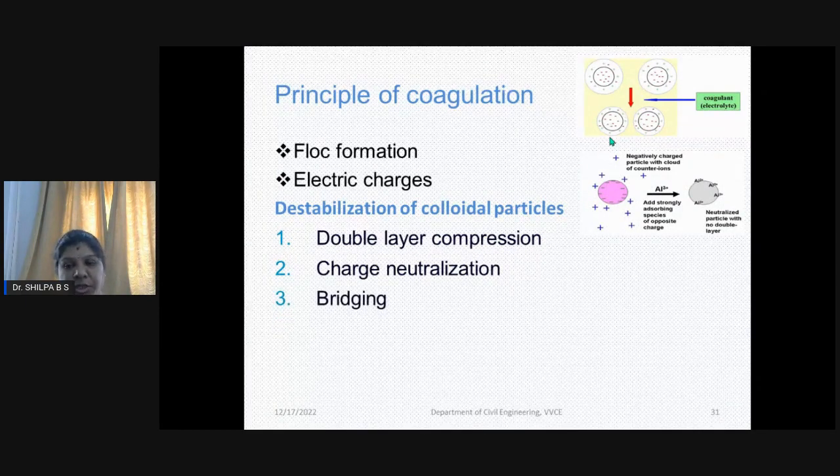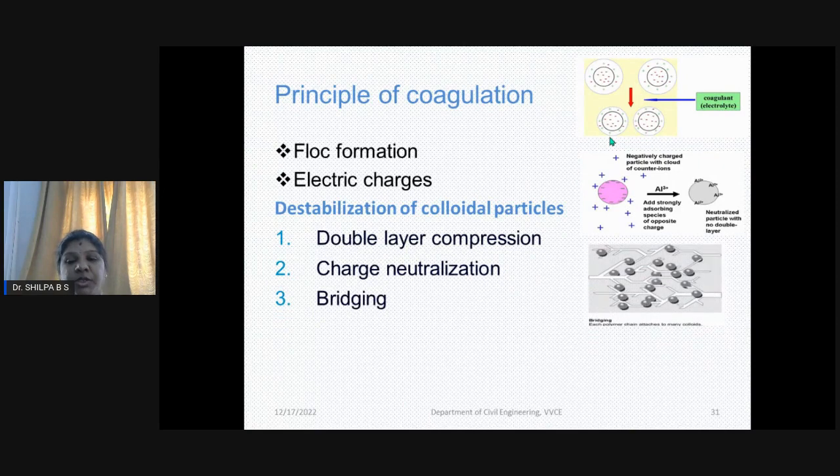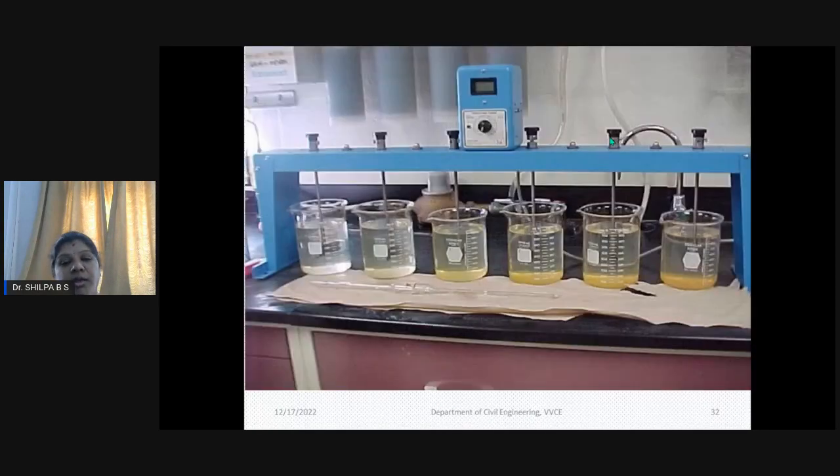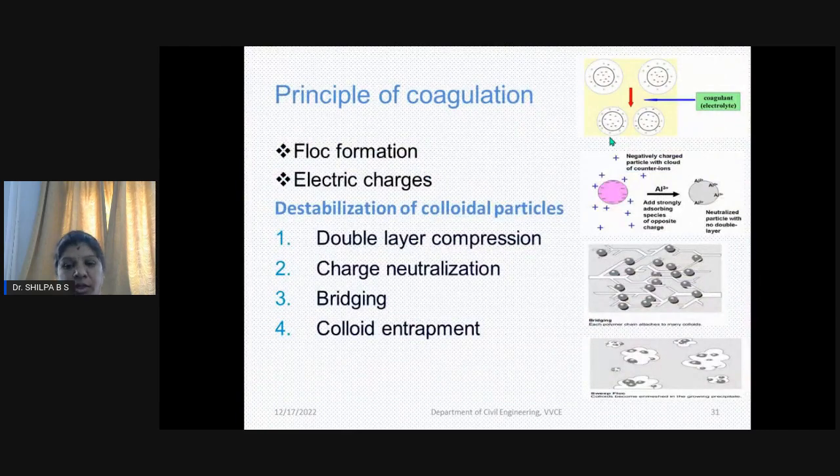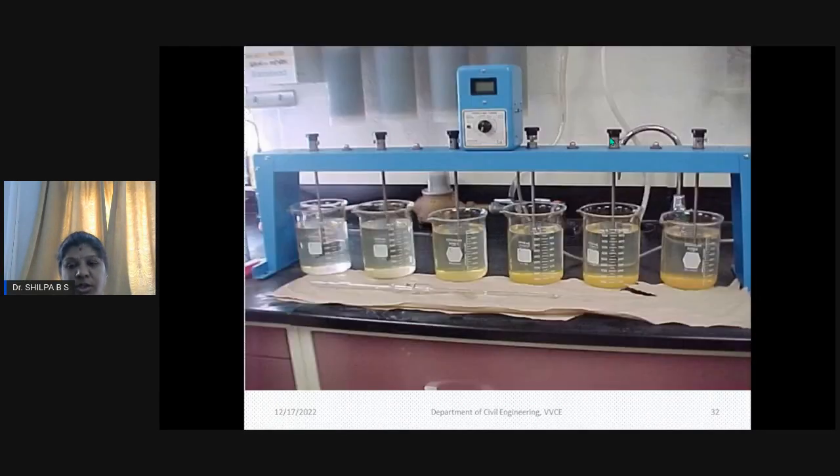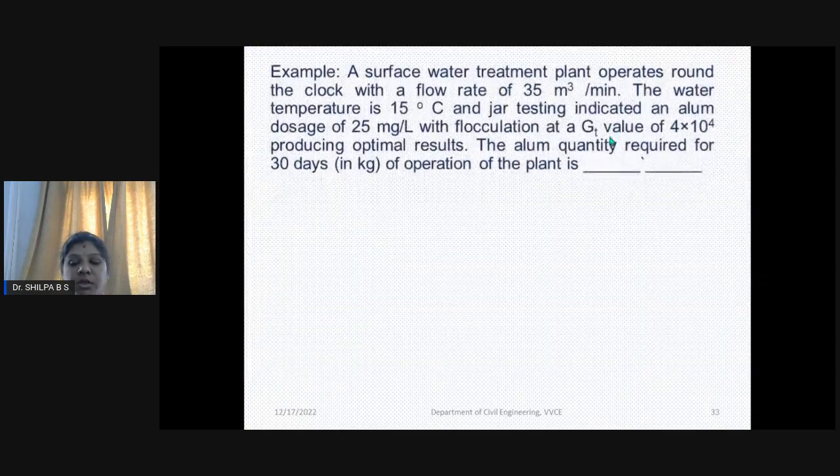Then bridging happens between the particle and the flock, and the colloids get entrapped within that flock. The flocks that are formed initially will be very small in size, so they have to grow to a bigger size so that they can settle on their own. That process we call flocculation.